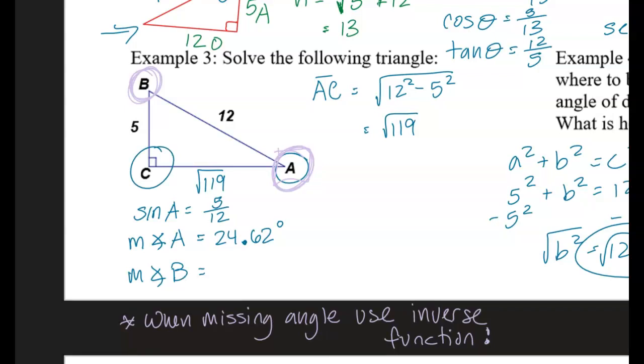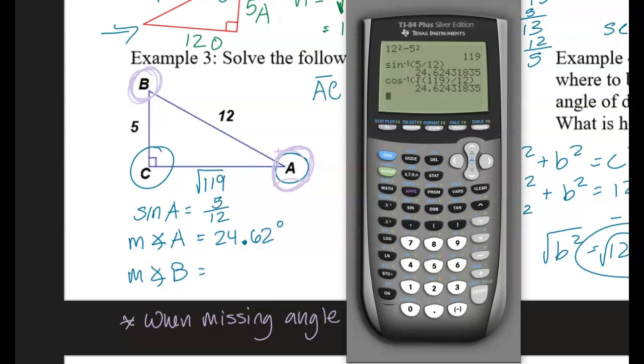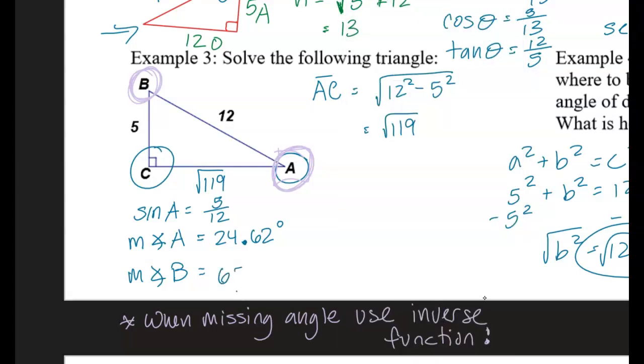All I have to do to find the missing angle is 180 minus 90 minus the previous angle, 65, degrees.